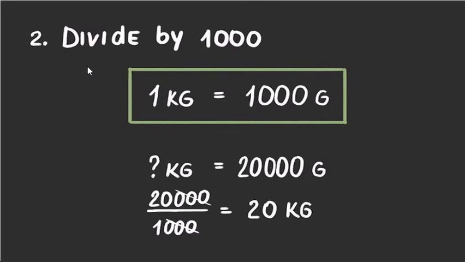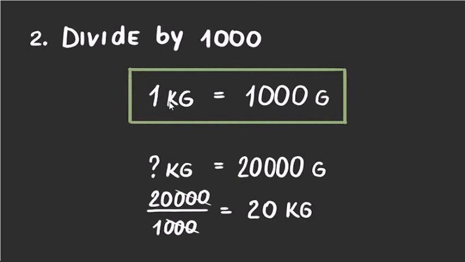Okay children, let's see how to convert grams into kilograms. A kilogram is 1000 grams. This means that to get kilograms from grams, you just need to divide the number of grams by 1000. In our example, we would get kilograms by dividing 20,000 grams by 1000.